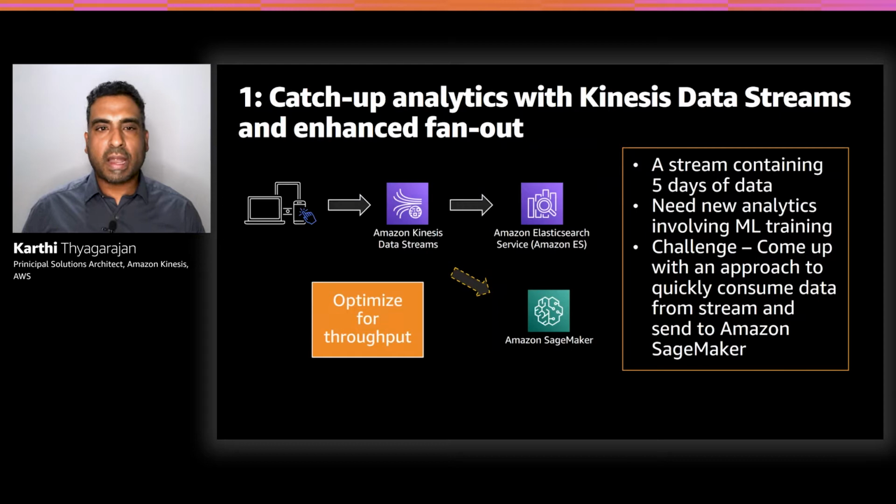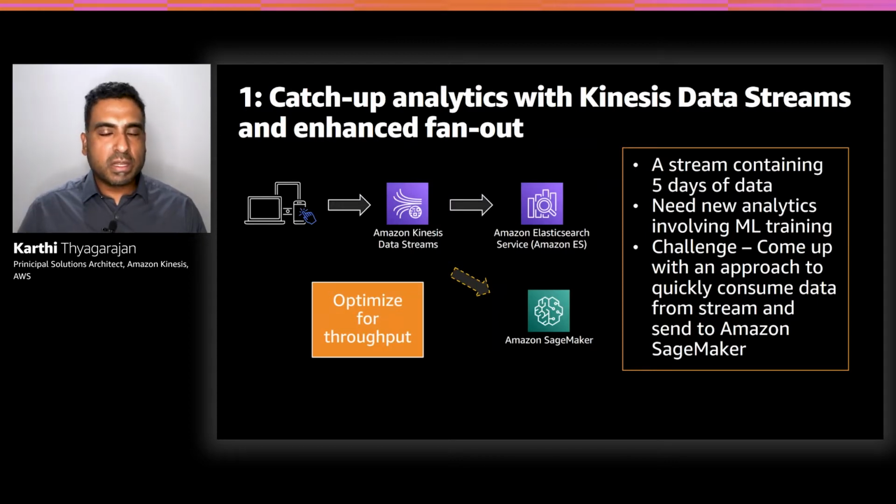Okay, with that background about Kinesis data streams, let's consider a scenario where you've set up a stream processing pipeline that's shown in this diagram. You're collecting clickstream data from various screens, like mobile devices, web apps, desktops, etc. And you're ingesting this data via an Amazon Kinesis data stream into Amazon Elasticsearch.